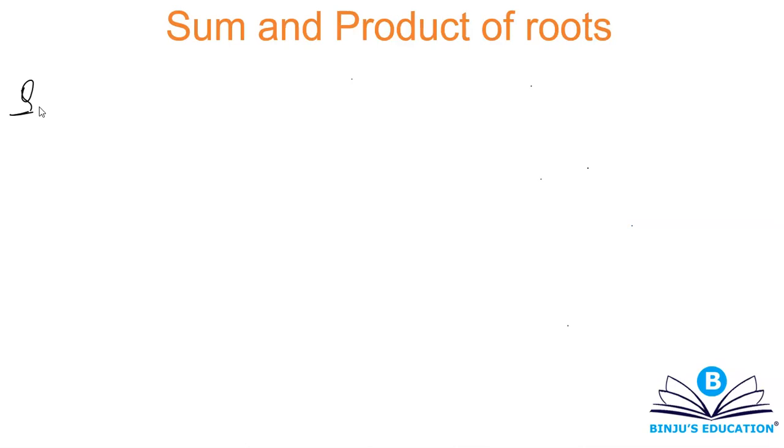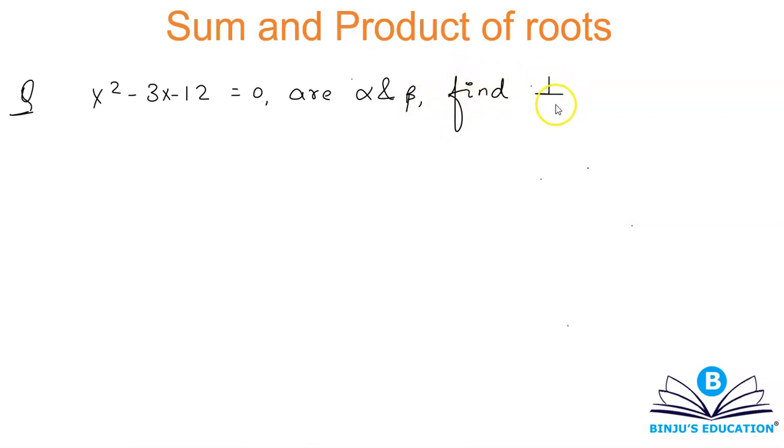The roots of the quadratic equation x² − 3x − 12 = 0 are alpha and beta.